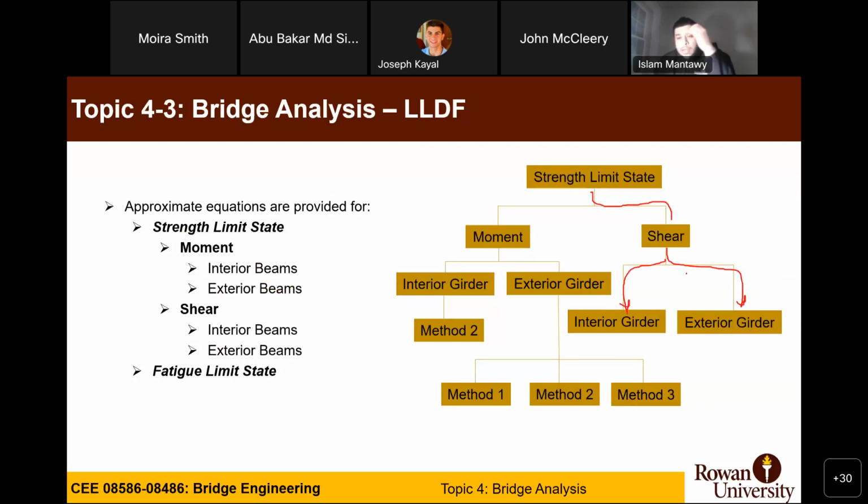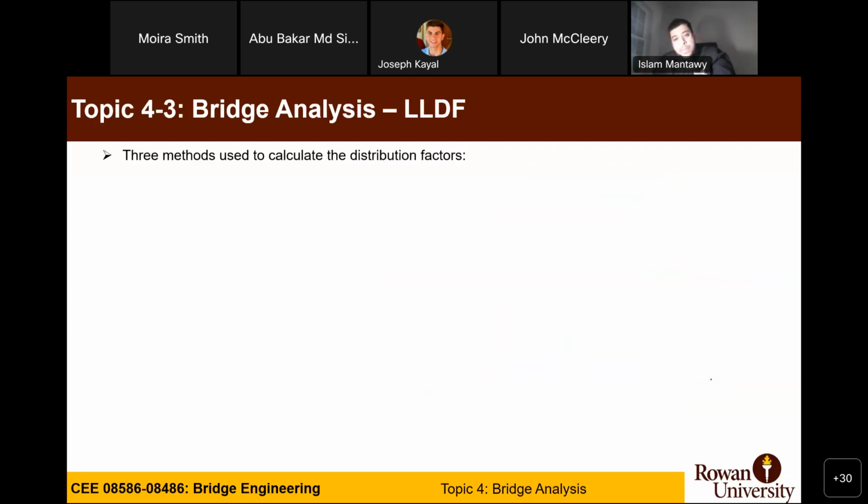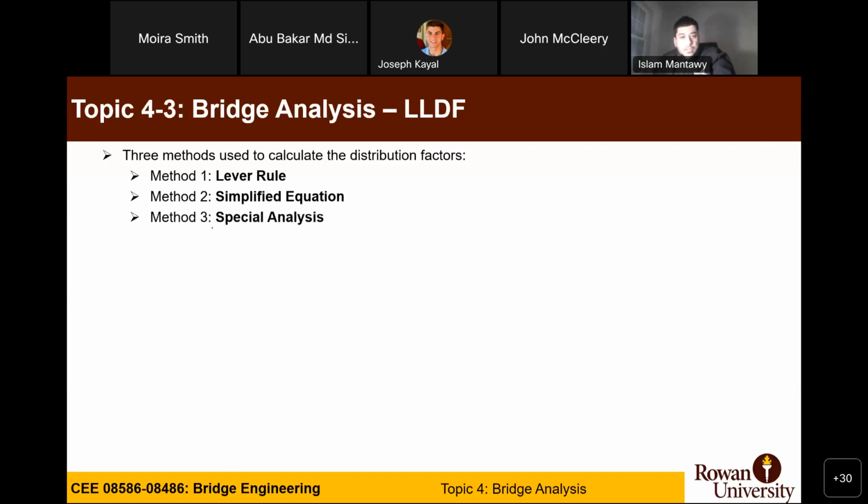For interior girder moment, you also use method 2, the simplified equation. For exterior, you will have cases where you can use the lever rule or equations, or even method number 3, called special analysis. So you have lever rule, simplified equations, special analysis.